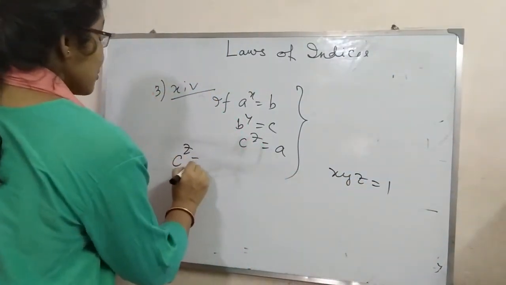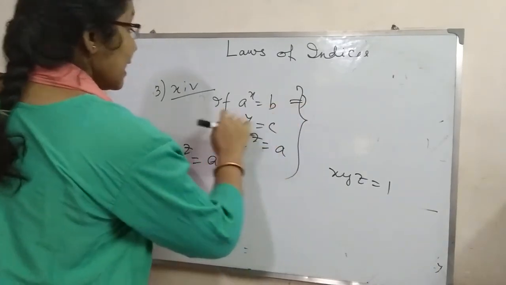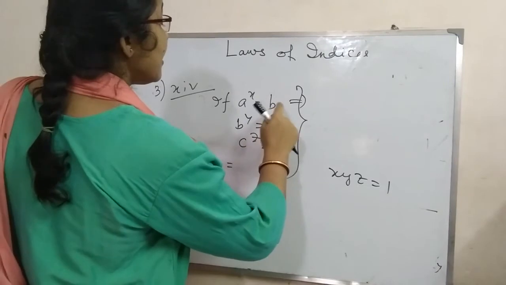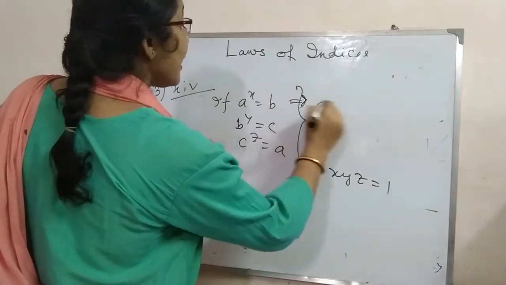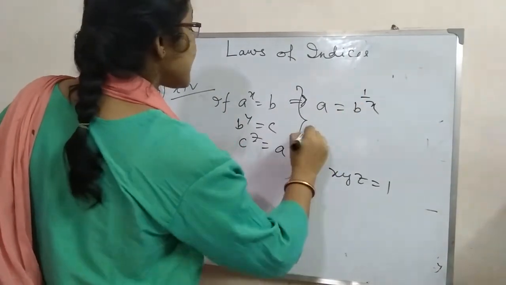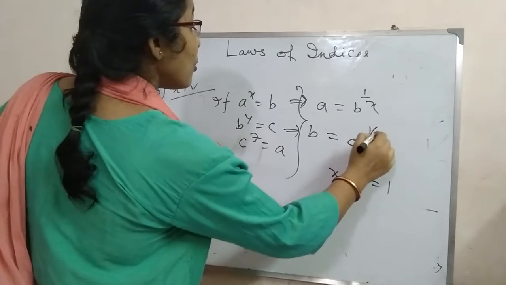I can write c to the power z equal to a. Here a can be written in this way, a equal to b to the power 1 by x, and from here I can write b equal to c to the power 1 by y.